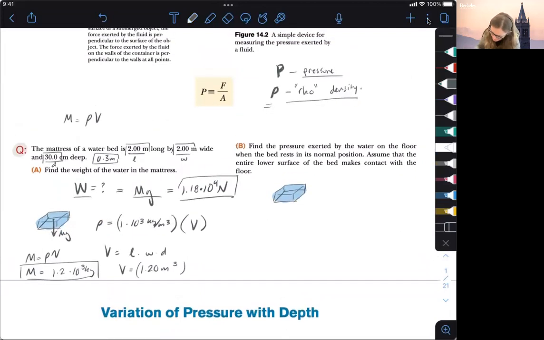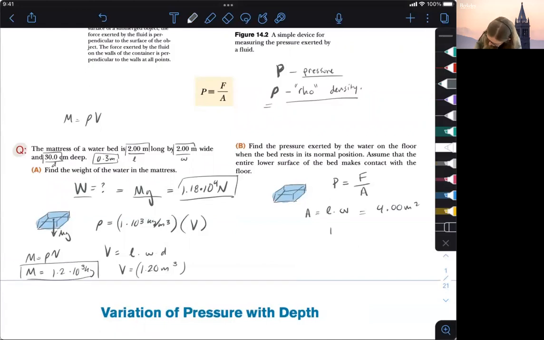So if we look up at our equation, we have pressure is equal to force divided by area. So we're basically just going to divide by the area. The area in this case is going to be length times width, and that's going to be 4 meters squared.